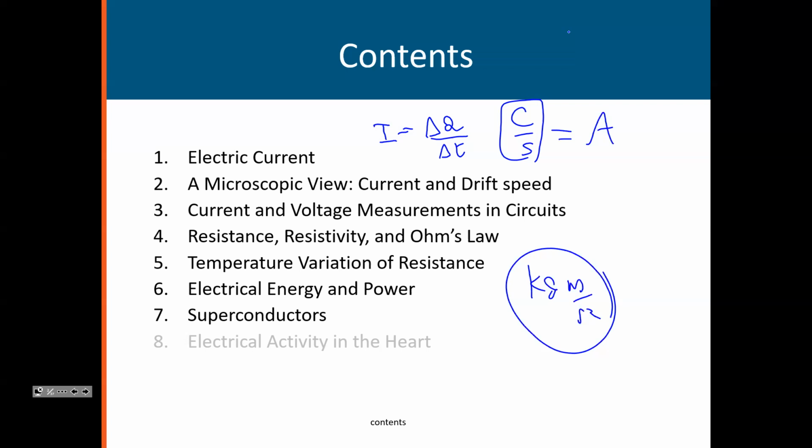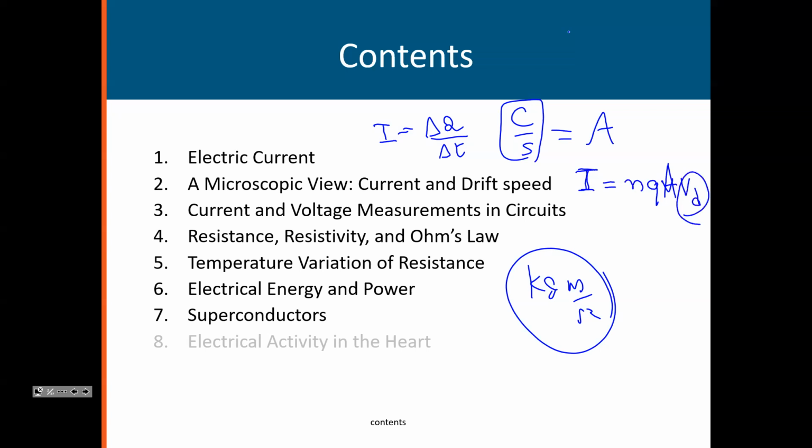Then in section 2, I'm just going through what we already did. We looked at the microscopic view and derived the relationship between the current and the drift speed.